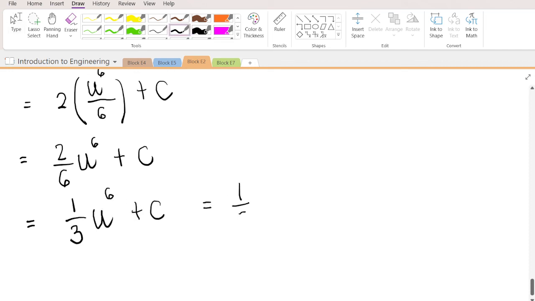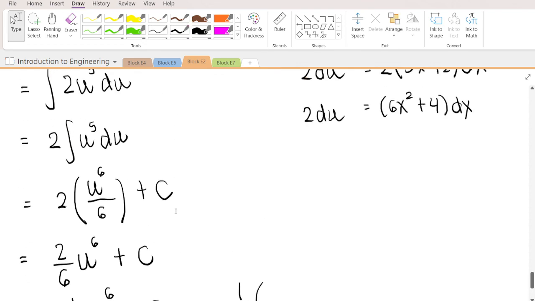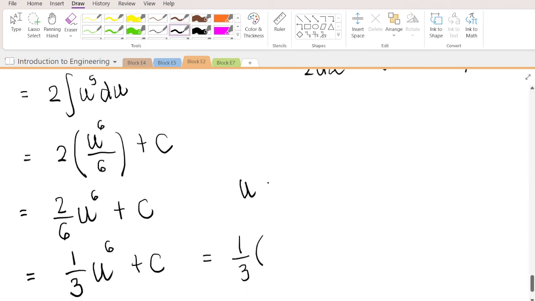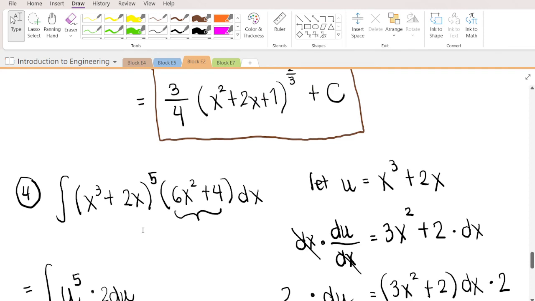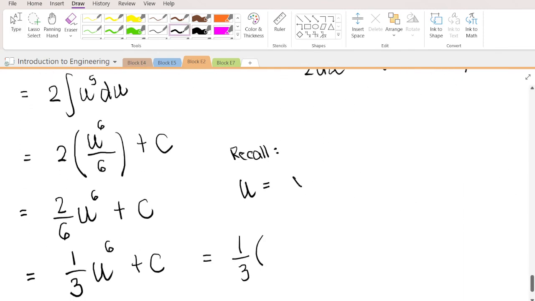So the final answer is, okay, recall that the meaning of u is x to the power of 3 plus 2x. So x cubed plus 2x. So substitute: 1 over 3 times x cubed plus 2x to the power of 6 plus c.